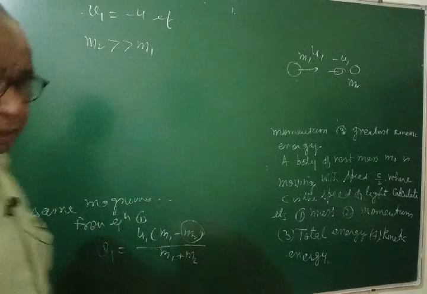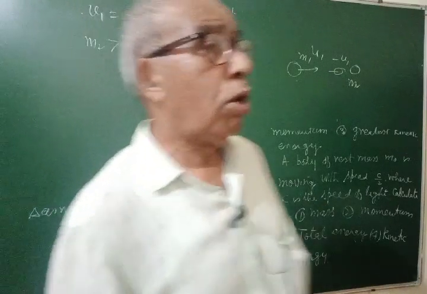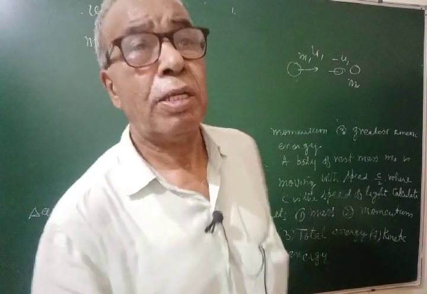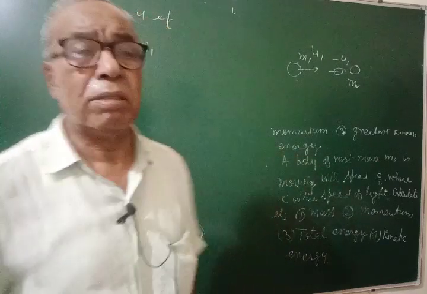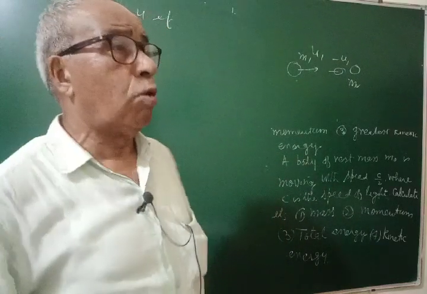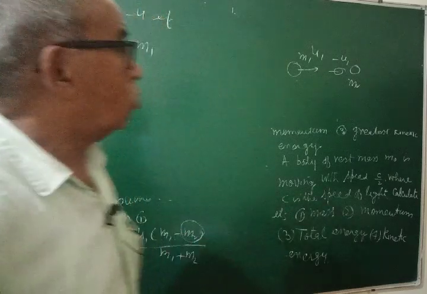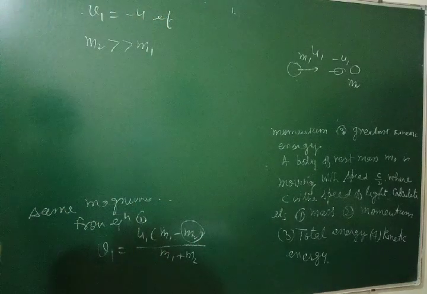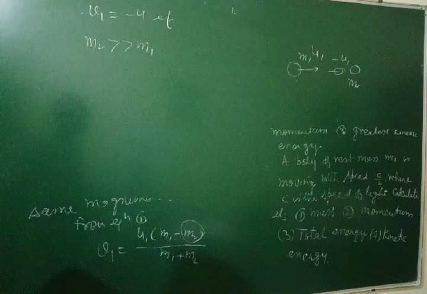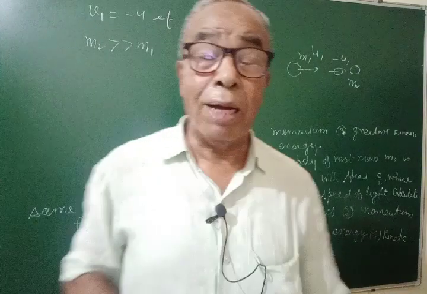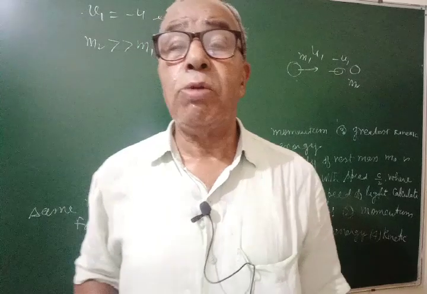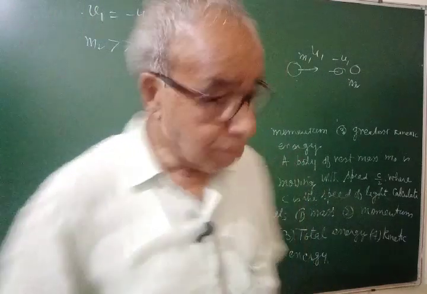For example, if you throw a ball towards a wall, the ball strikes the wall, the mass of the wall is infinitely large, and the ball bounces back. So in that case, momentum imparted to the wall will be maximum. Though the wall will not appear to move, we have imparted greater momentum.